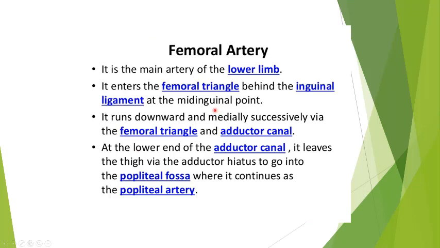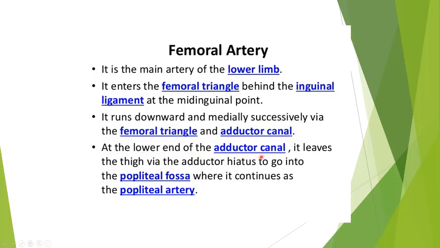Now we are looking at the lower limb, where the main artery is the femoral artery. It is the main artery of the lower limb and enters the femoral triangle under the inguinal ligament at the mid-inguinal point. It runs downward and medially via the femoral triangle and adductor canal.